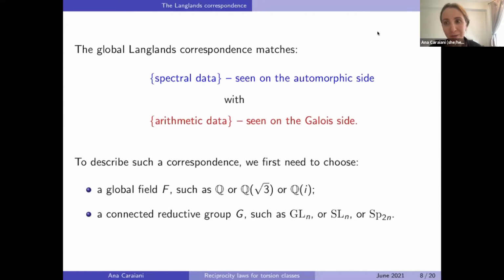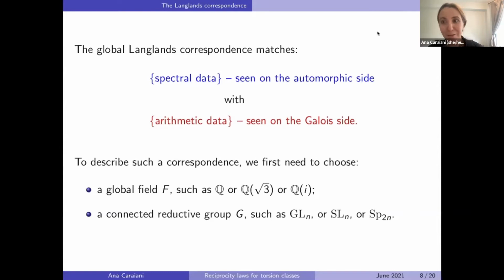And this is the kind of data that you see on the automorphic side. And this is like the sequence of coefficients of this power series in q that we've seen. And it matches this kind of data with arithmetic data that you get by counting solutions to polynomial equations with rational coefficients. So this is the kind of data that you get, for instance, from this cubic Diophantine equation.